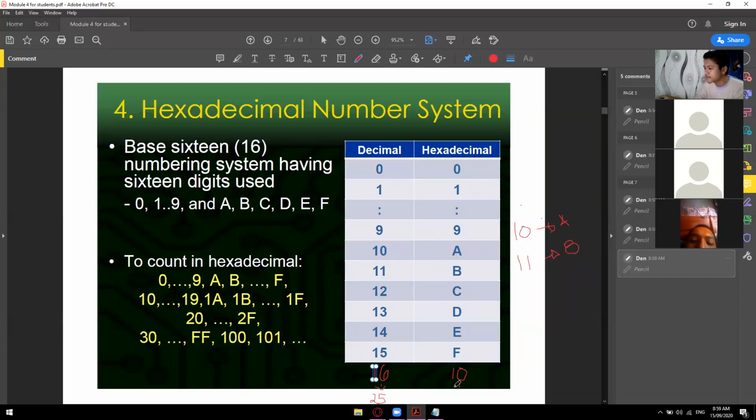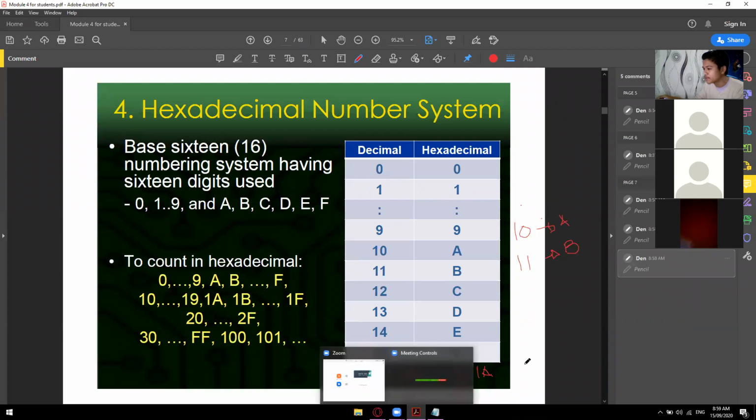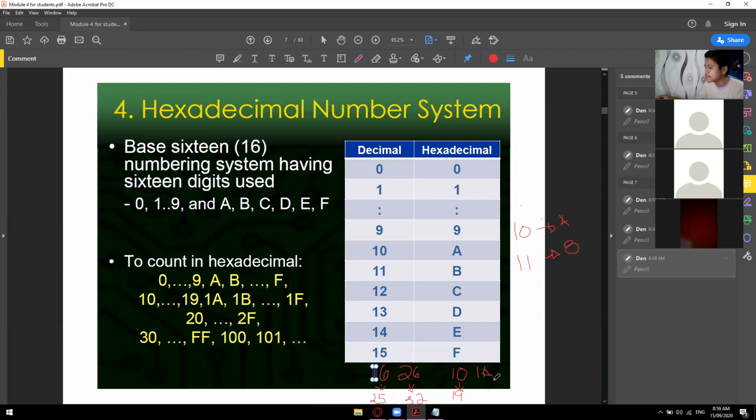Same lang din dito, 10 to 19. And then pagpatak ng 26, ito na yung 1A naman natin. 26 to 32 in decimal. So ito na is 1A to 1F. So 1F is 32, 1E is 31, and so on and so forth. So ganun yung representation niya.